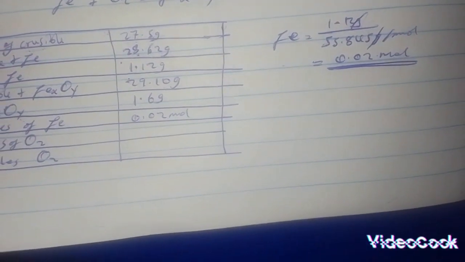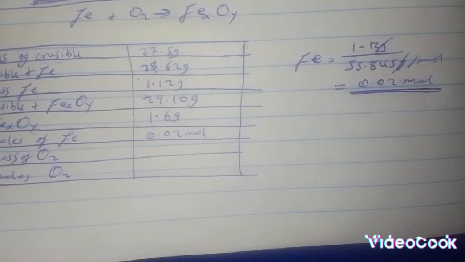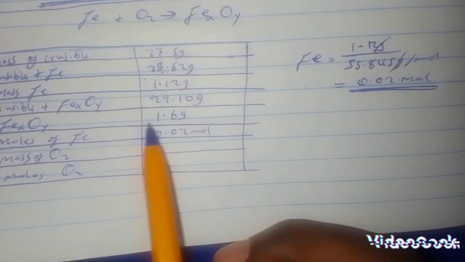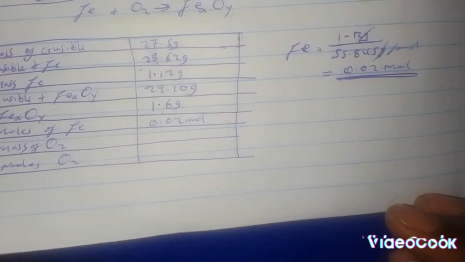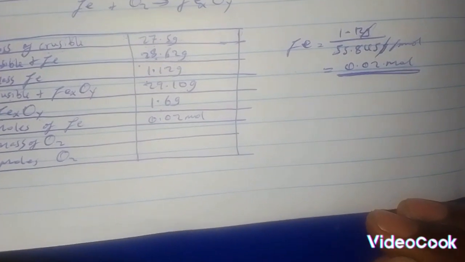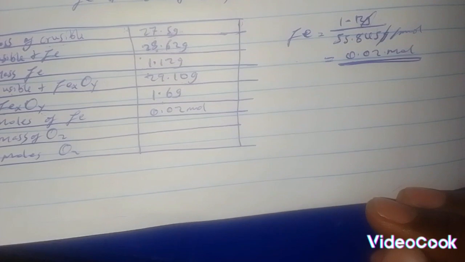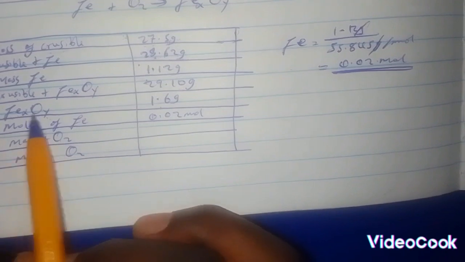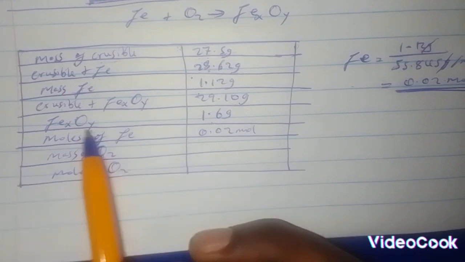Okay, then we come to the mass of oxygen. Now, for the mass of oxygen, you don't have to waste much time. Since you know the mass of iron and you know the mass of iron oxide, according to the law of conservation of matter, which states that the amount of reactants is equal to the amount of products, which means if the iron reacted with oxygen to produce iron oxide, the mass of iron was combined with the mass of oxygen to give us this.